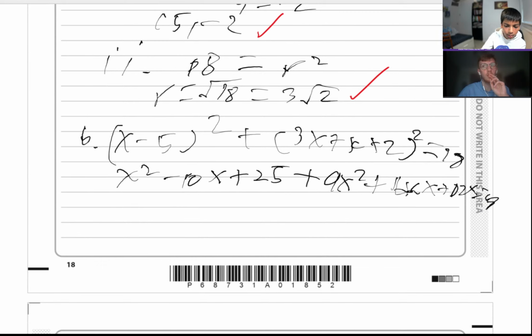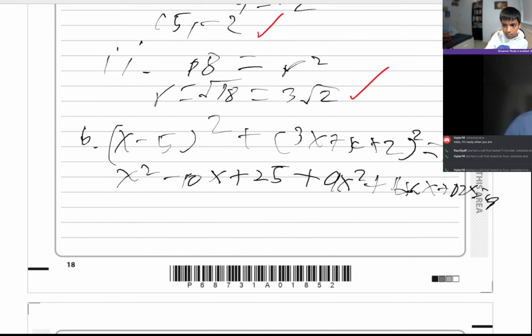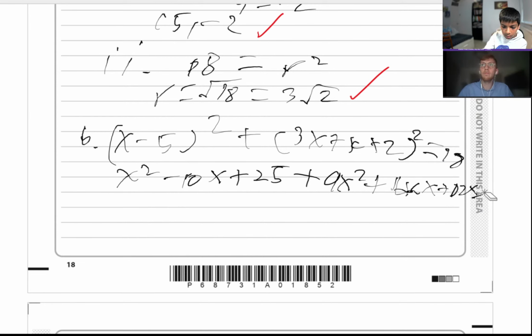So the k plus 2 times k plus 2, that's k squared plus 4k plus 4. And we'll just add it on there.